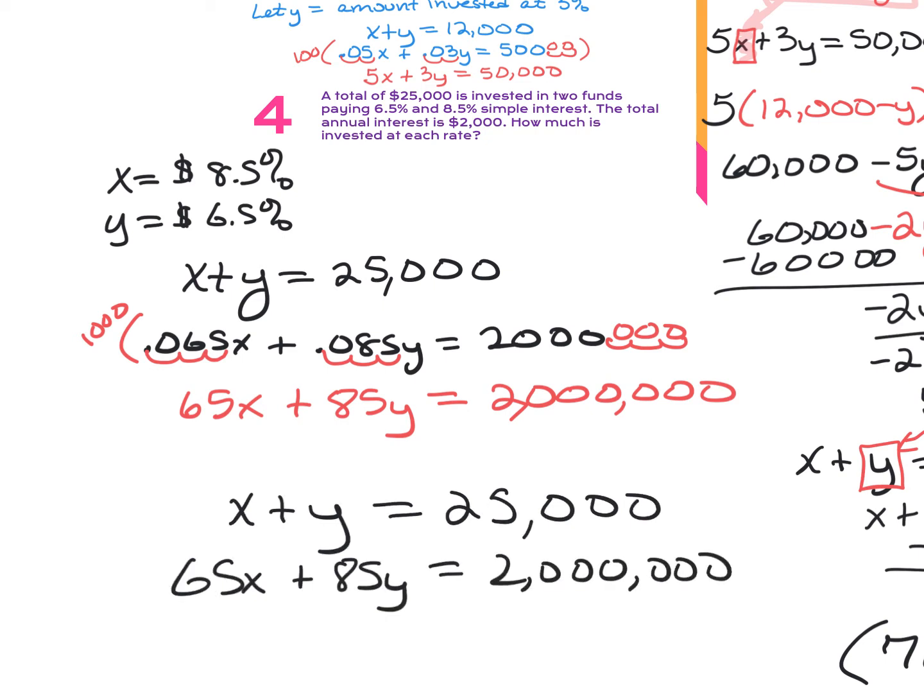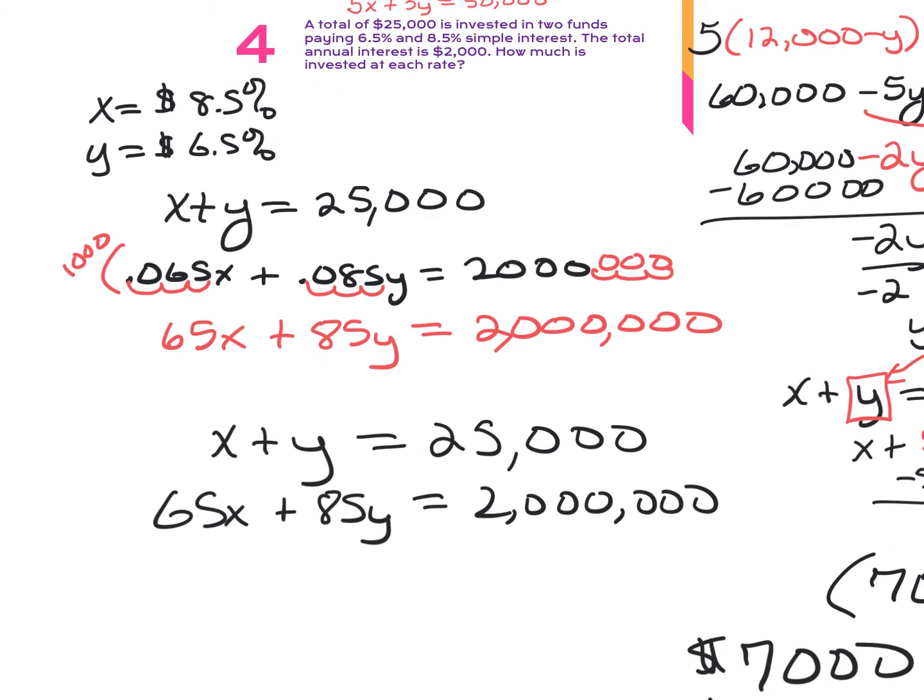Now, I told you I would show you how to do elimination here. When you do the elimination method, you have to decide which variable you want to eliminate. And the way that you do that is you make the numbers in front of that variable that you're going to eliminate the same, but one's positive and one's negative. I'm going to eliminate x. So to do that, I'm going to multiply my first equation by negative 65.